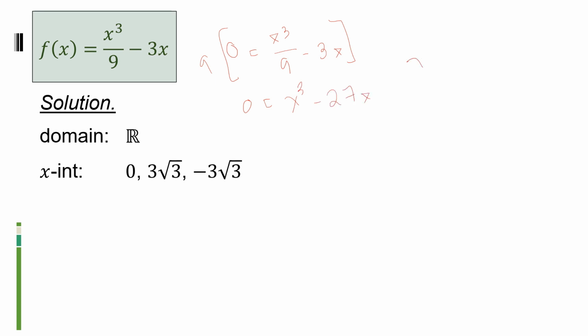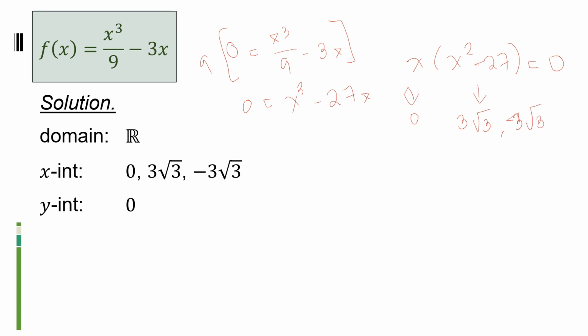Or that is now x times x squared minus 27 equals 0. So, ito, dito galing yung 0. And then, ito naman, kapag ginamit natin yung quadratic formula, lalabas dito na ang sagot is 3 square root of 3, tsaka negative 3 square root of 3.